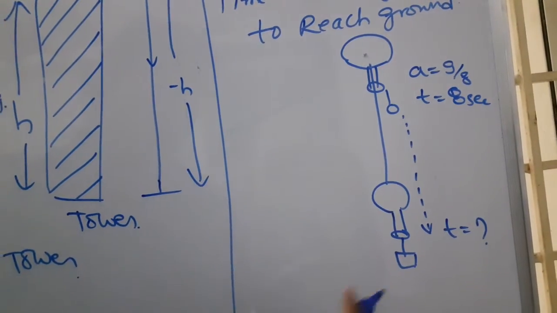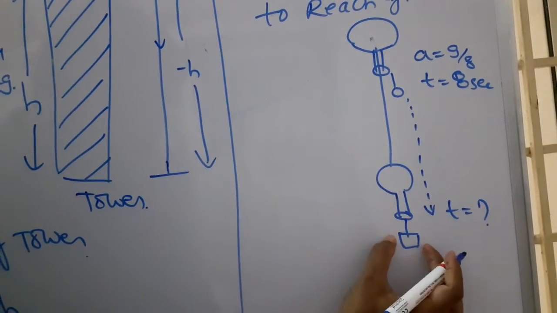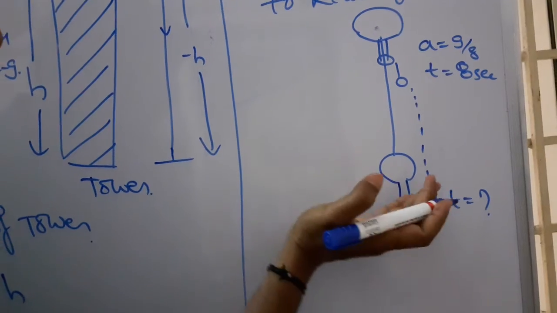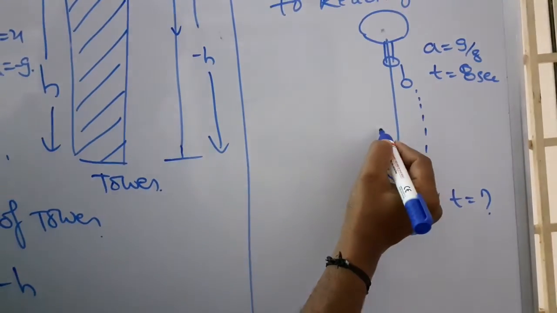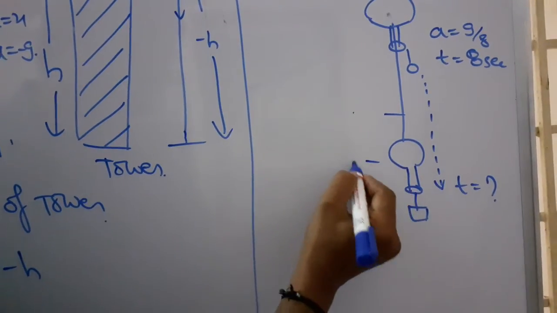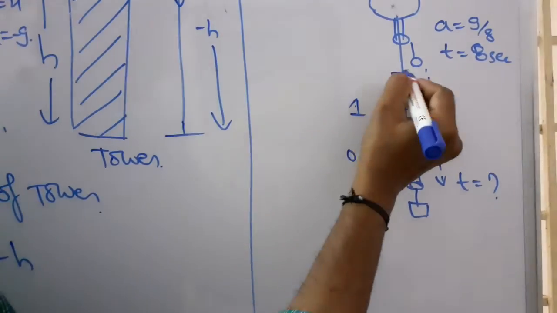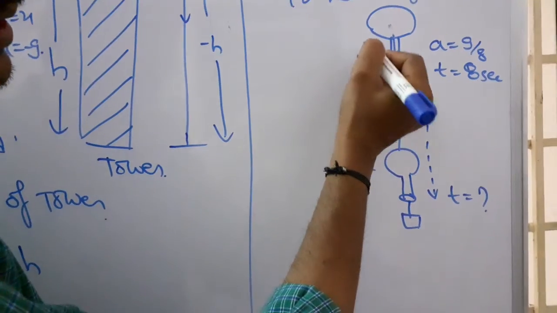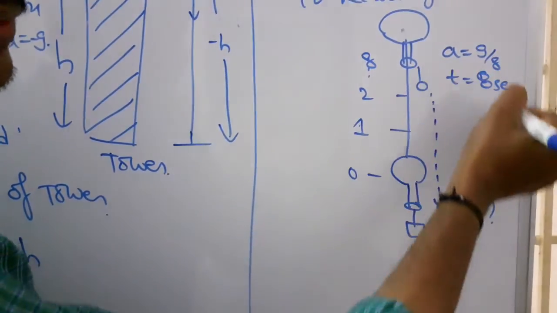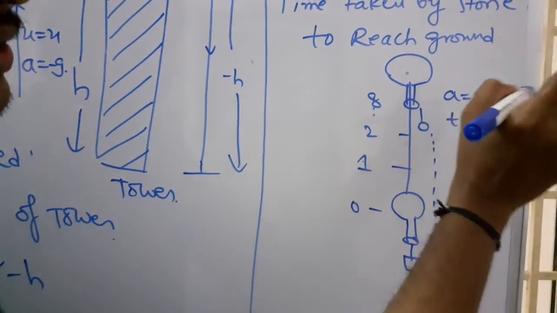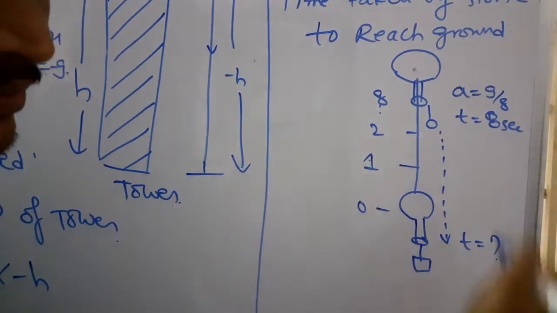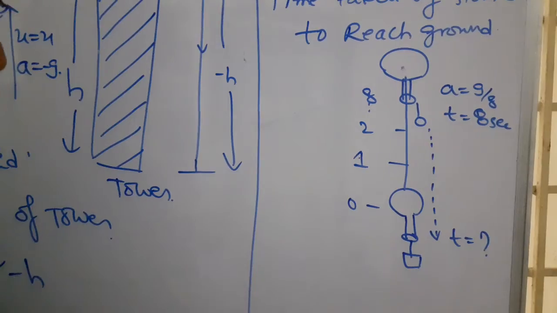Initially, the stone is connected with a balloon. The balloon will be raising up for 8 seconds, that is 0 second, 1 second, 2 seconds, 3 seconds. Later, at 8 seconds, the stone will be dropped. The acceleration of the balloon is already mentioned. What is the time taken by the stone to reach the ground?